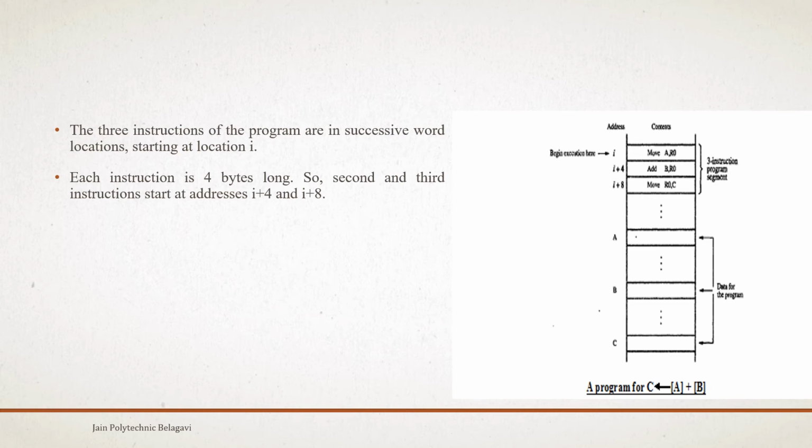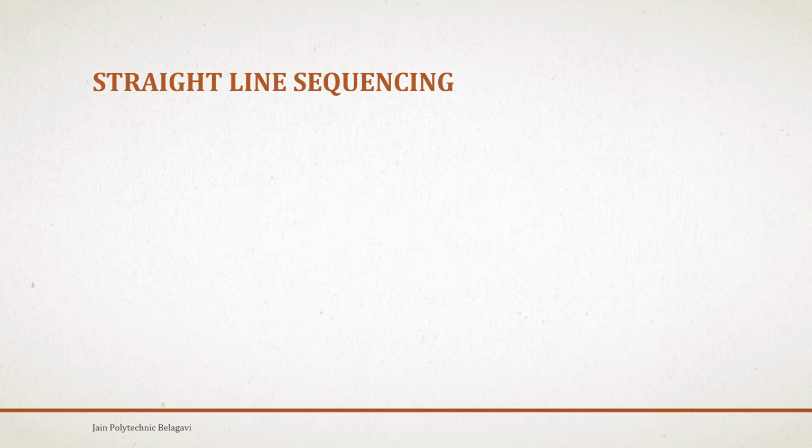If the first is stored at the 0th location, the next instruction will be stored at the 4th, and the next at the 8th. So the second and third instructions start at addresses I plus 4 and I plus 8.